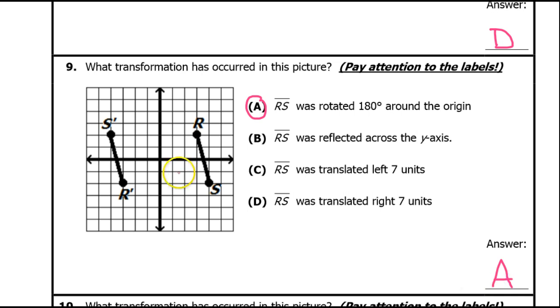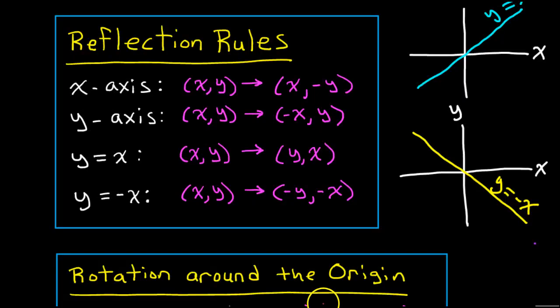But let's check it one more level. Let's pick one point to check our answer. Point R is the point 3, 2. Okay, so let's see what R prime would be if this really is rotated 180 degrees around the origin.